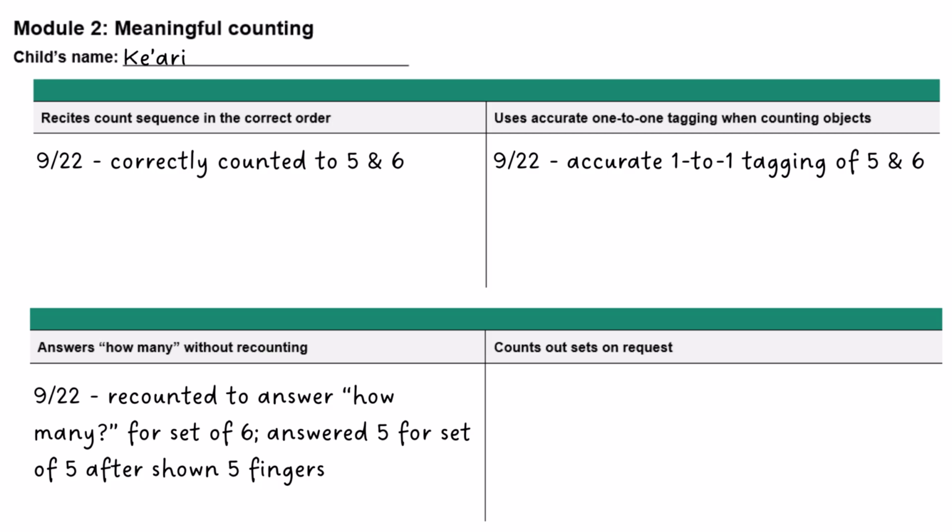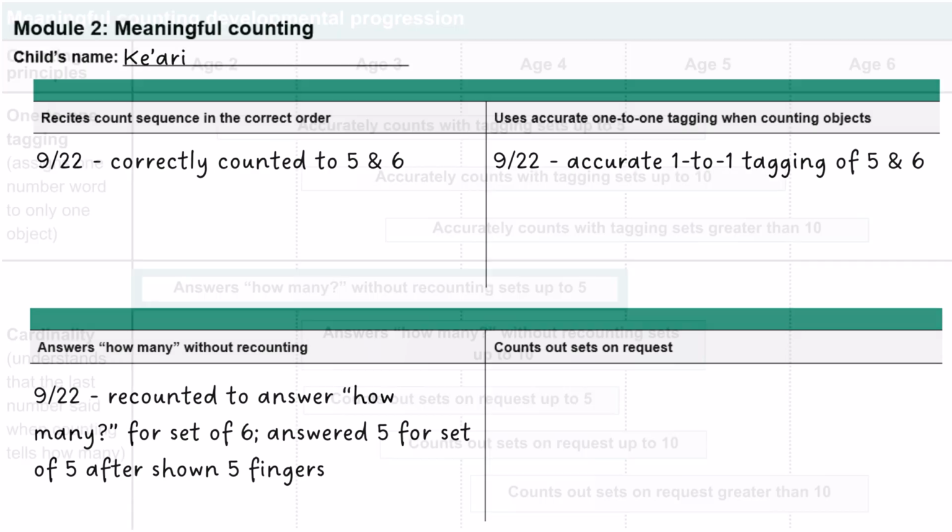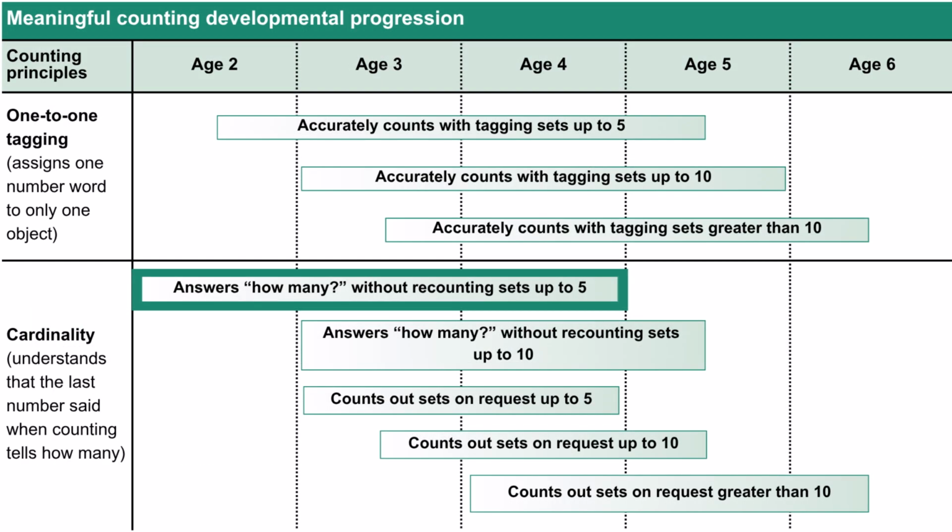Finally, you probably noticed that Kiari over-applied the number word 3 when asked to subitize sets of 5 and 6. This indicates that she doesn't have a firm concept of threeness yet. Kiari's cardinality understanding falls within the first band of the progression and is within the range of other children her age.